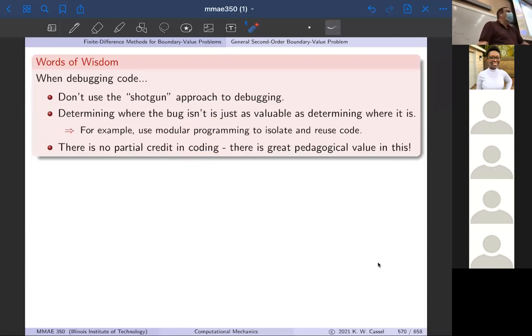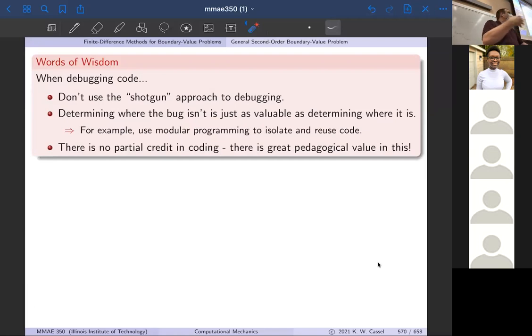The computer doesn't say, oh, well, she tried hard. She gave it a good go. Let's give her an E for effort. The code just says, no, that's wrong. And until every piece is right, it's wrong. And it gives you the wrong answer. And that's frustrating, absolutely frustrating. Believe me, I've known that frustration for many, many years. But from a pedagogical point of view, I think it's actually helpful.